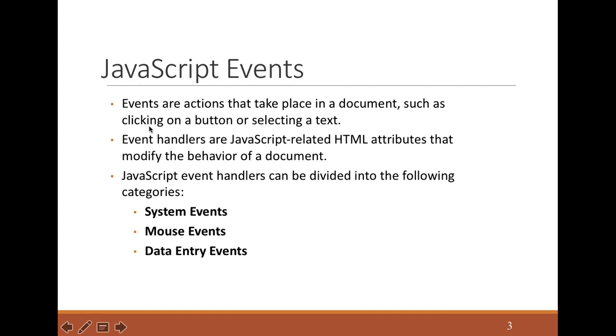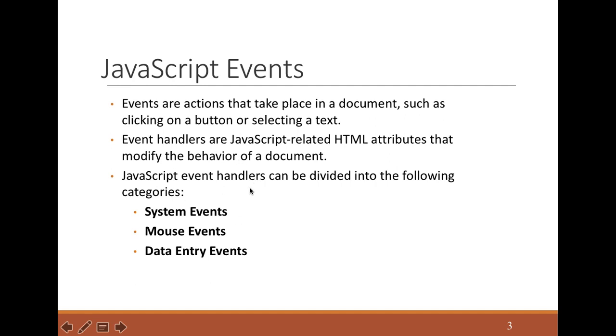In this case, clicking and selecting are actions required from a user. Then it will give some events or trigger something. So event handlers are JavaScript-related HTML attributes that modify the behavior of the document.